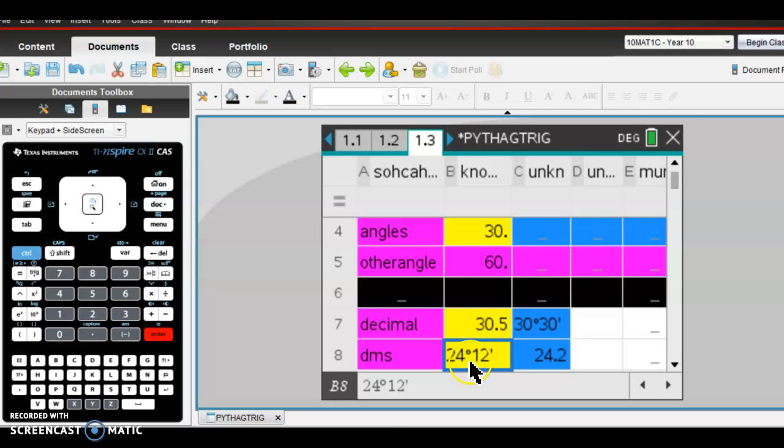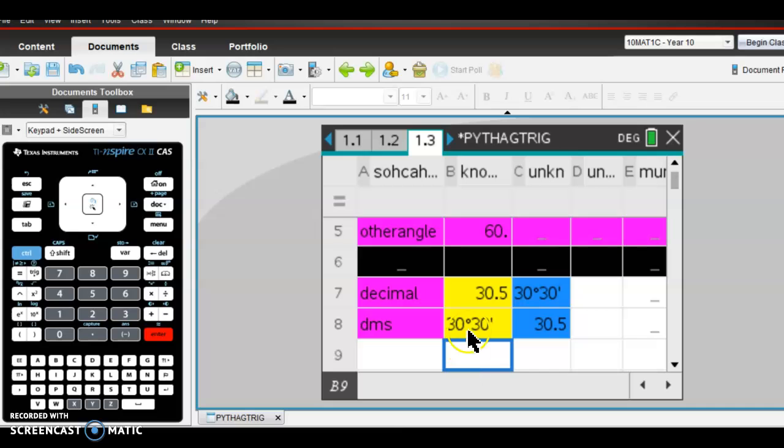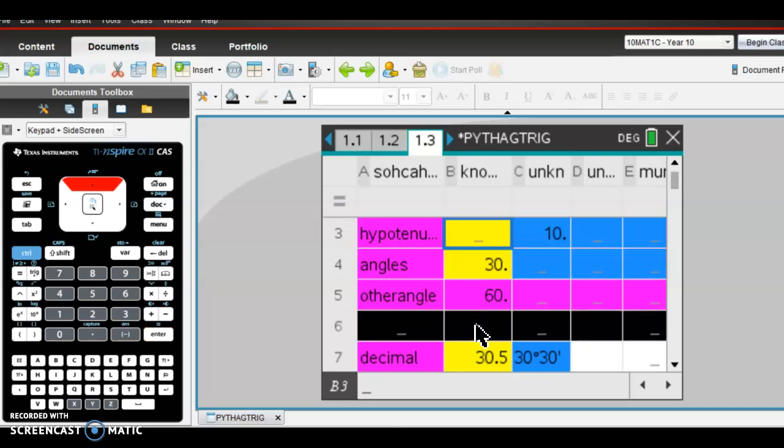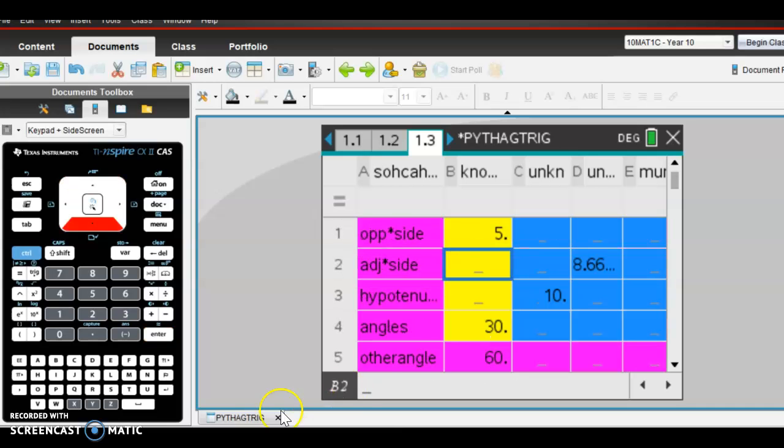And vice versa, you can put that in by just typing over, by backspacing, 30, 30, and we should get 30.5. You can also put degrees and minutes in here, but for that you'll need to use the DMS button. I can't remember where it was. So there's your challenge. Go look for the DMS, or you can always go to the catalog.